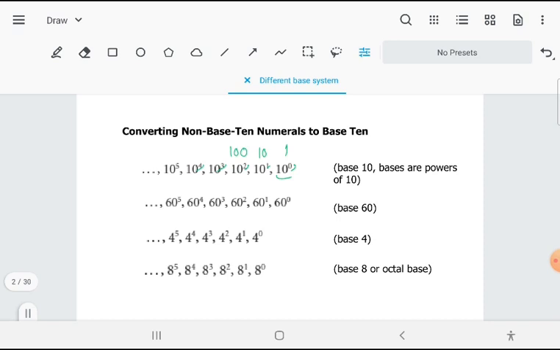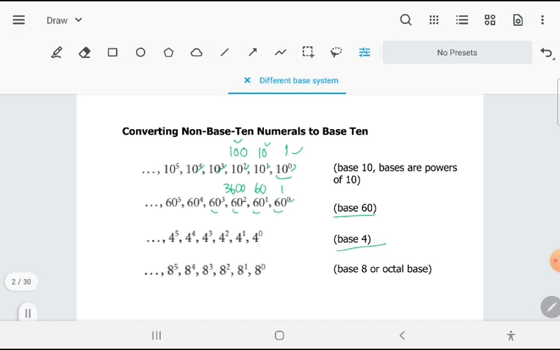So our Indo-Arabic numeration system is base 10. So we have our ones, our tens, and our hundreds, and so on. The Babylonian numeration system is base 60. So using base 60 raised to the powers, you will get your place value system. So we have ones, and then 60s, and then 3600s.